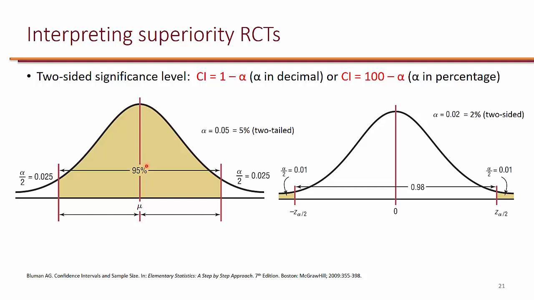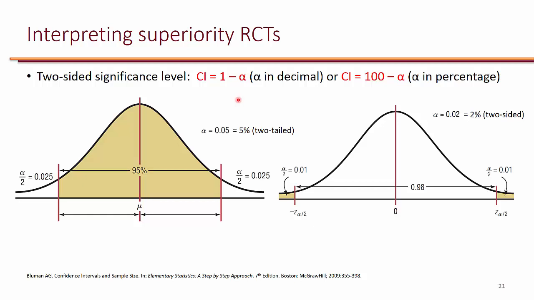So it's common to see a 95% confidence interval, and the way you calculate it is that it equals 1 minus alpha, where alpha is your significance level. If you remember, when you interpret p-values, you need to know your alpha, because a p-value is significant if it's less than your alpha.